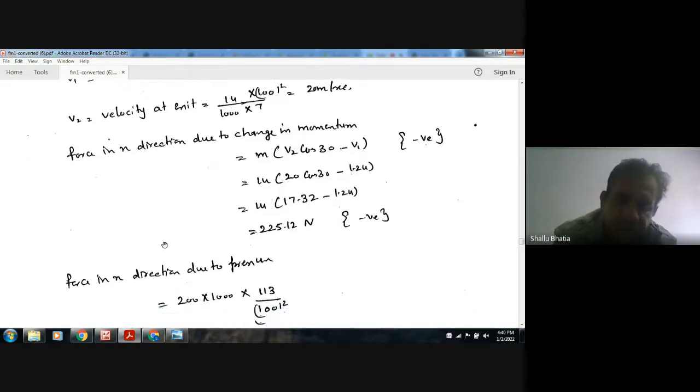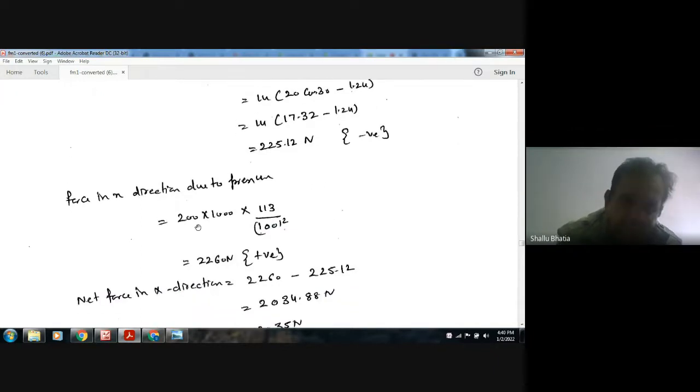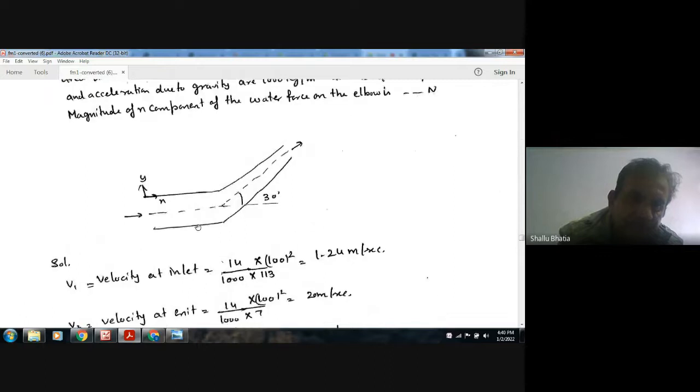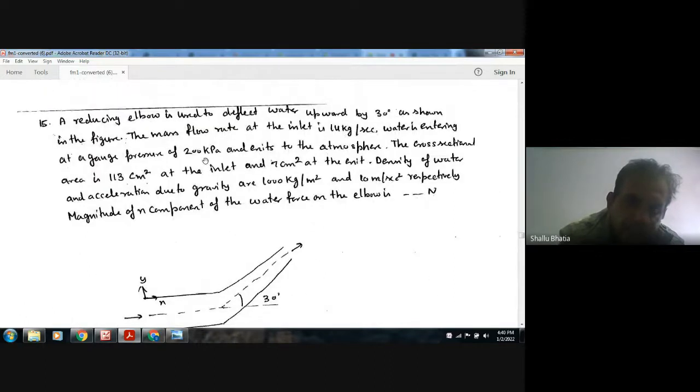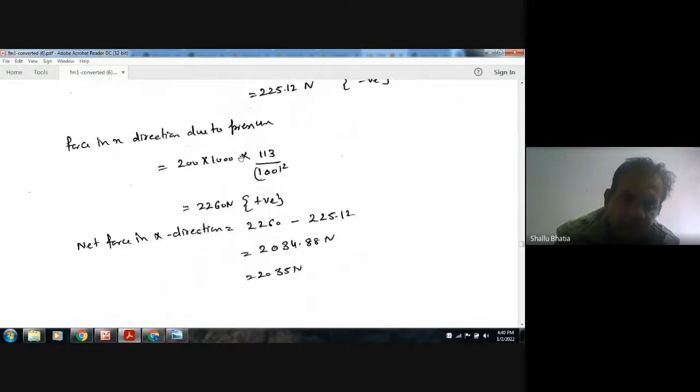And due to pressure, the force will be exerted at the inlet. The inlet pressure is 200 kPa, and the exit pressure is atmospheric pressure. So the net pressure is 200 kPa. If we multiply by area, then we'll have the force in x direction.